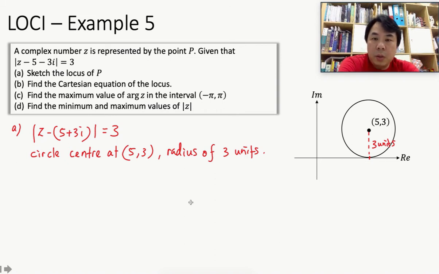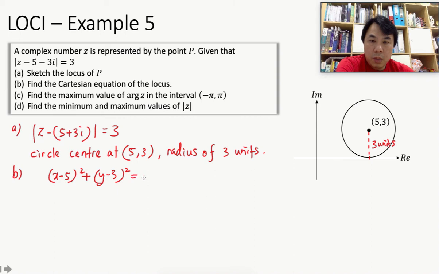Now for B, find the Cartesian equation of this locus. Okay, finding the Cartesian equation for this locus should not be a problem. You can either substitute this indirectly into the original complex equation, or you can write the Cartesian equation directly. That will be x minus 5 square plus y minus 3 square must be equal to the square of its radius.